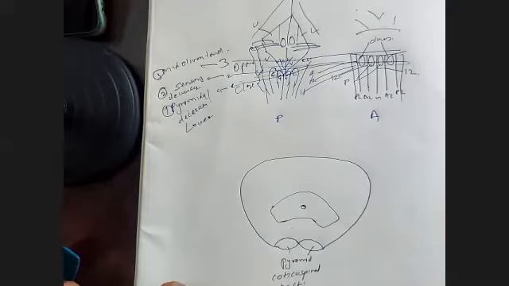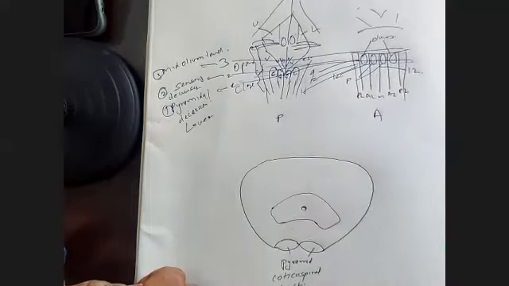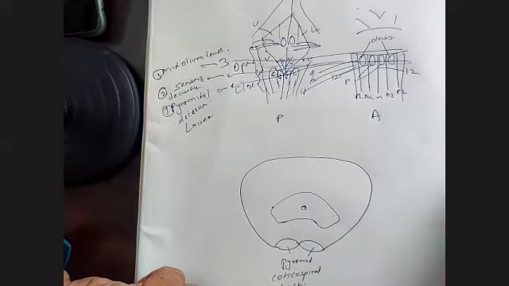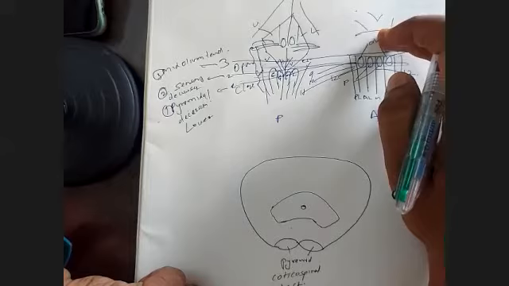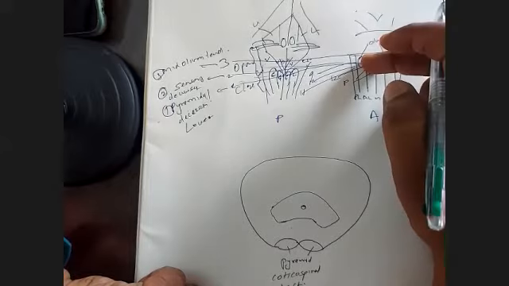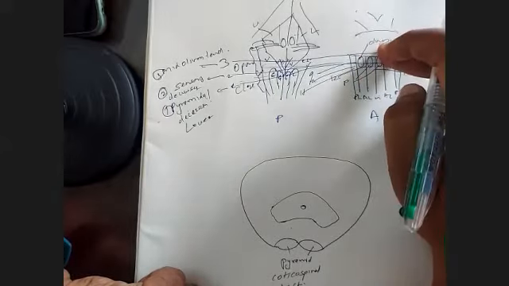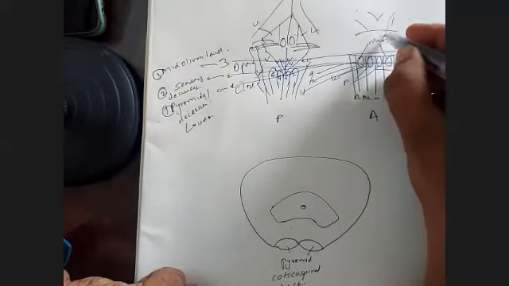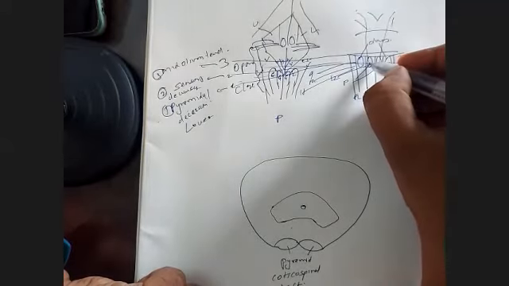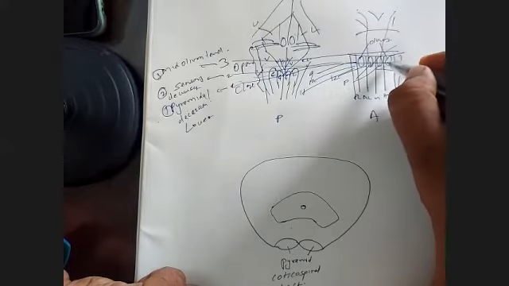This corticospinal tract is descending right from the gray matter of the cerebrum, passing through the corona radiata, the posterior limb of the internal capsule, the crus of the midbrain, and the basal part of the pons, and it has reached here. Till this point, it is not crossed. The fibers are coming like this.